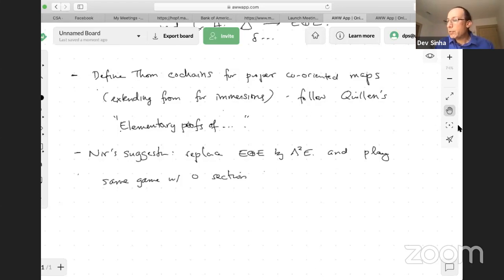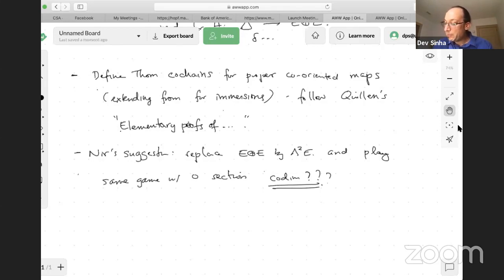Although, all right, now I'm a little skeptical. The codimension of that bundle is not n-1, but maybe, or something.